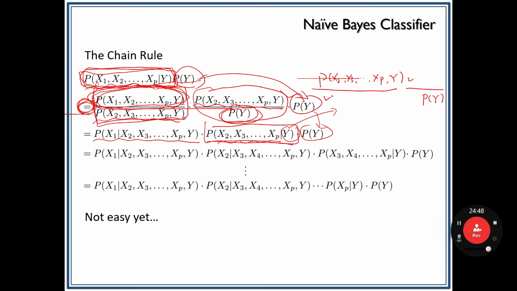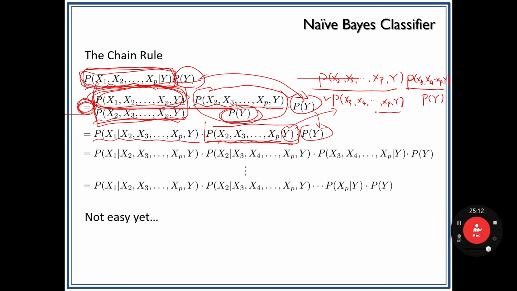Okay, what is that? That is the probability of x3, x4, dot dot dot, xp, and y. The joint probability of x3, x4, dot dot dot, xp, and y.